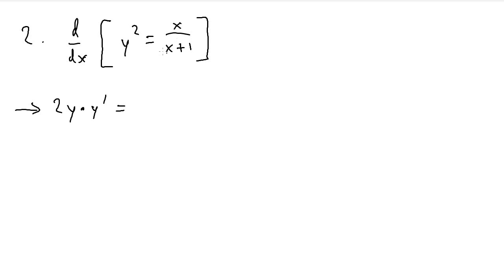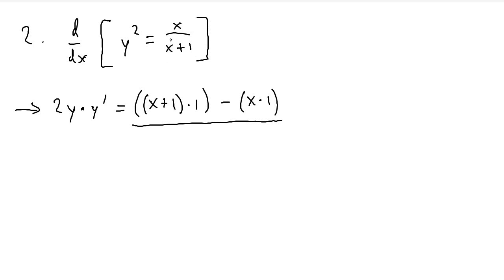So we take the bottom function, x plus 1, and we multiply by the derivative of the top function. And the derivative of x is just 1. Minus the top function times the derivative of the bottom function, and the derivative of x plus 1 is just 1, all over the bottom function squared, so x plus 1 squared.